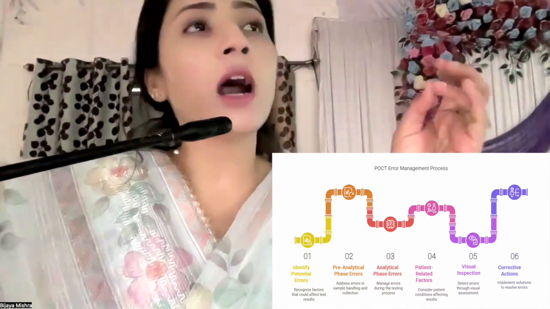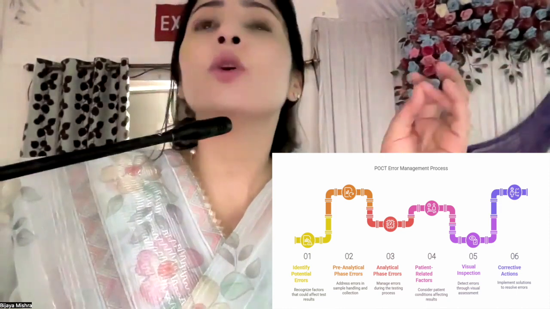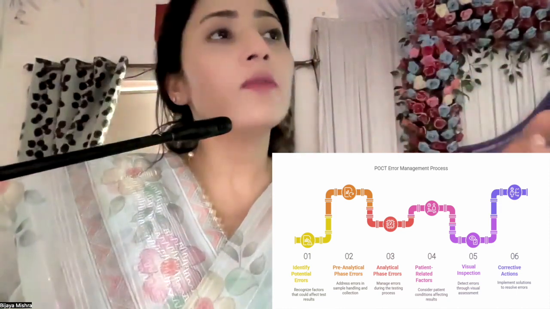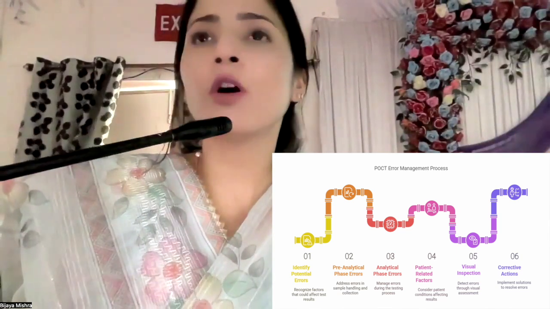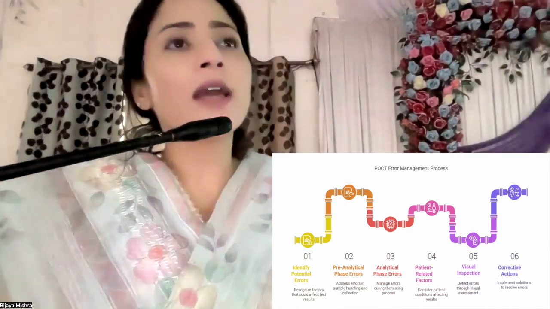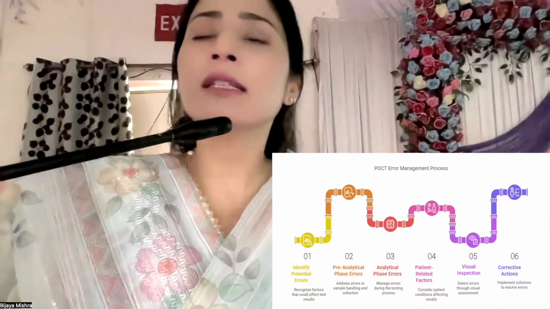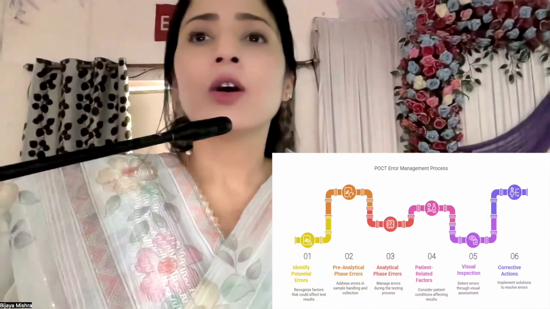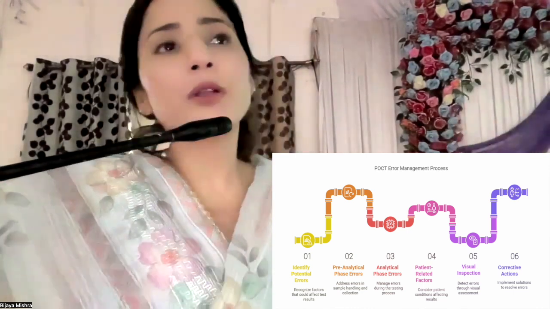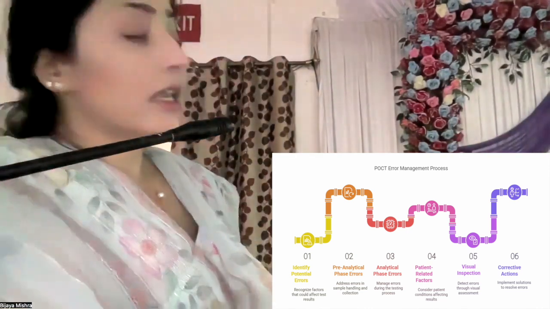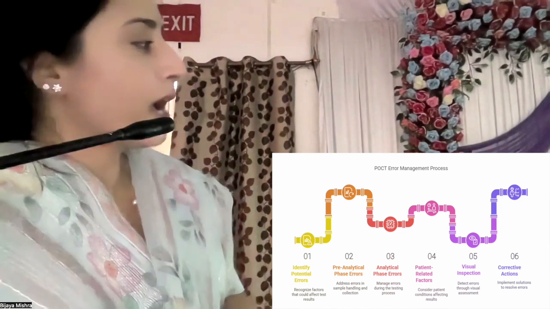Specifically, because we are mostly measuring the sample in whole blood, it is very difficult for us to know whether the sample is hemolyzed or not, because we are directly providing the whole blood sample to the device. So certain parameters like potassium in the whole blood sample are deranged. We need to know this. So sample collection is very important, and these areas of error should be identified.